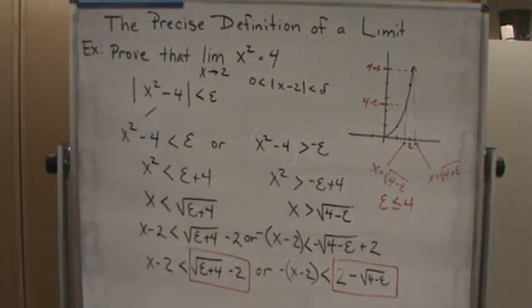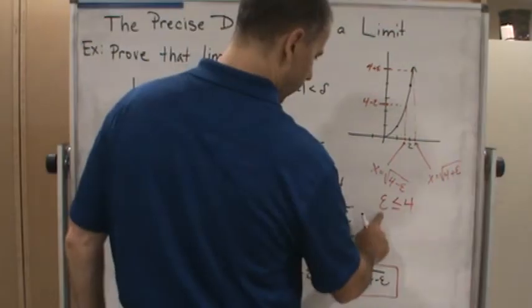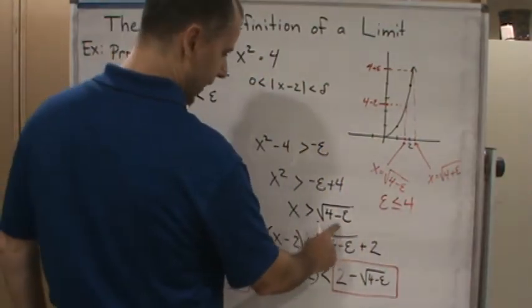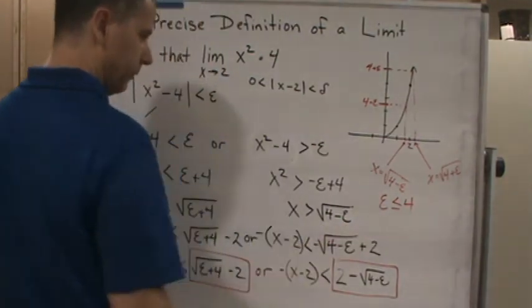Now, you might ask, well, why would we do that? Well, it's okay to make this assumption because, to answer this question, why do we want this? It's because we can't have negative numbers in the radical, right?